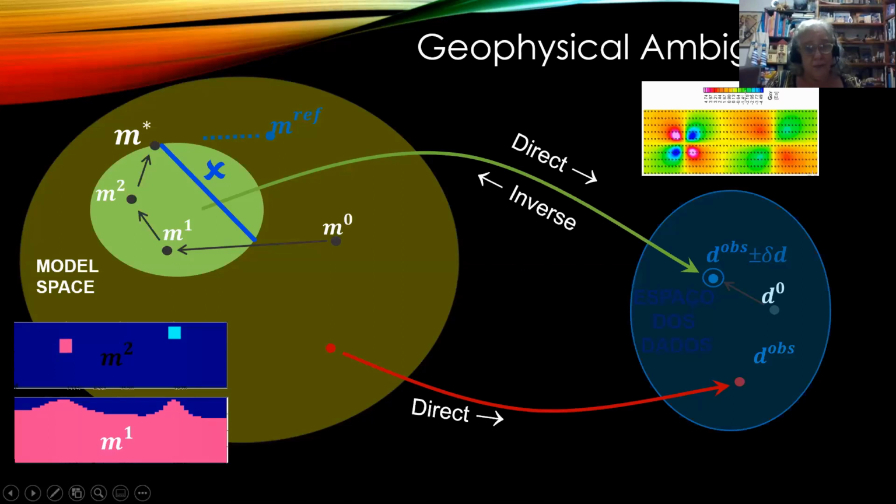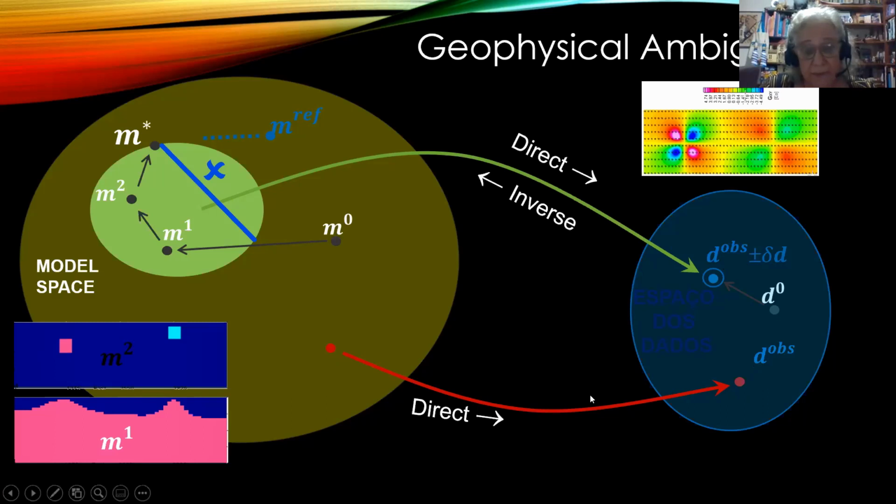And just to remember that there is a geophysical ambiguity. If we have the data and we need to know the model that has generated this data, this is called the inverse problem. The direct problem is when you have the model and you just calculate which data it will generate.